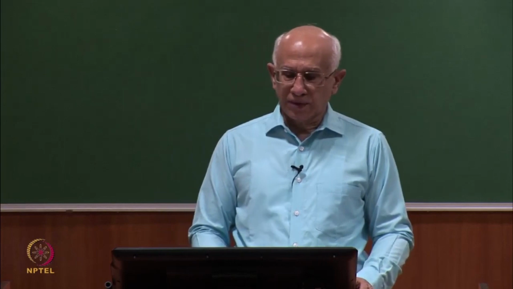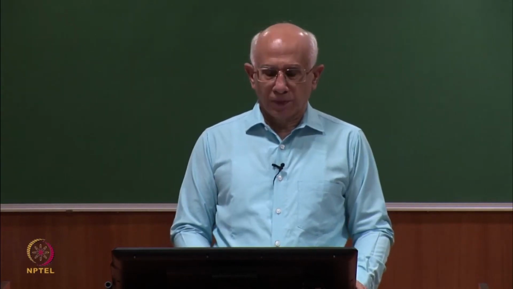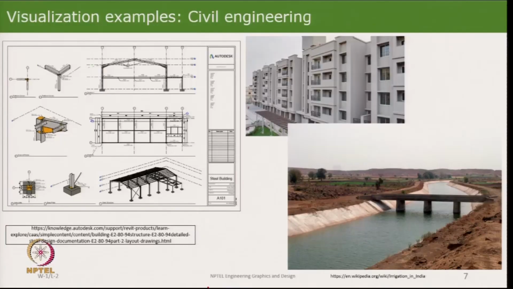Our next example is from civil engineering, and there are many examples of that, and you can also add architecture to it. I have shown you 3 drawings. This first one here is a picture of a canal, an irrigation canal.